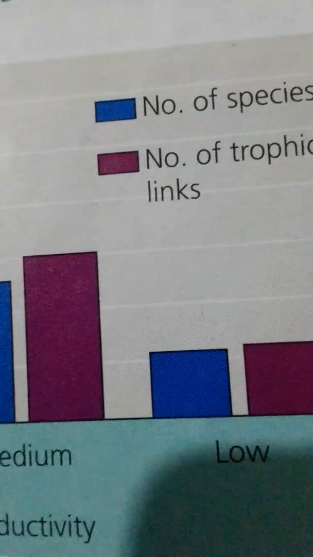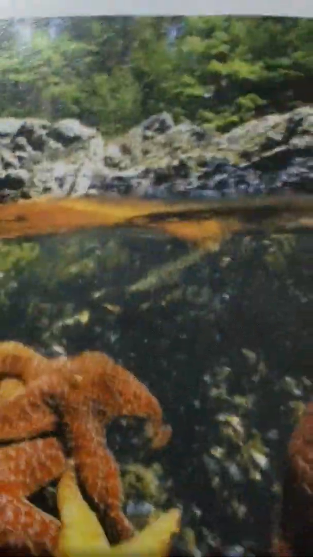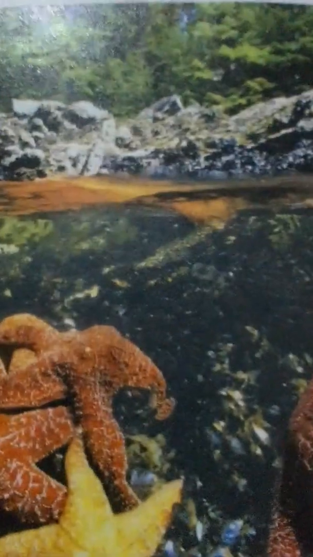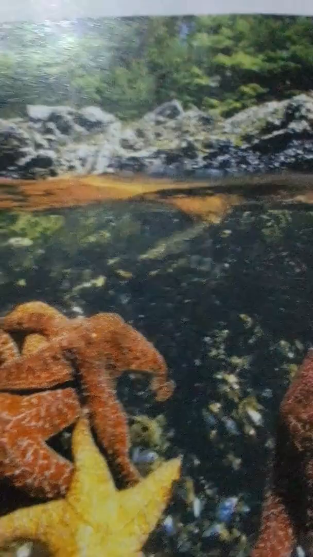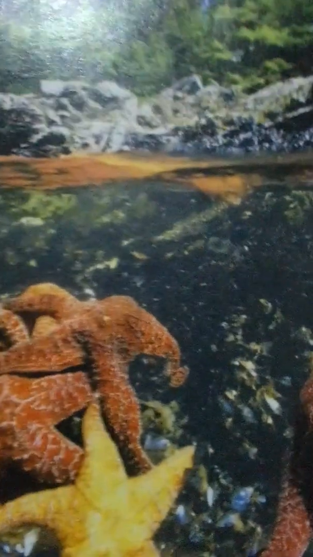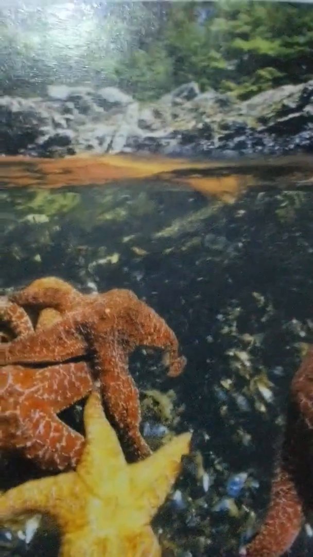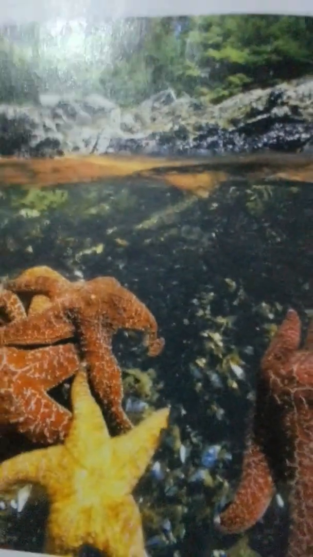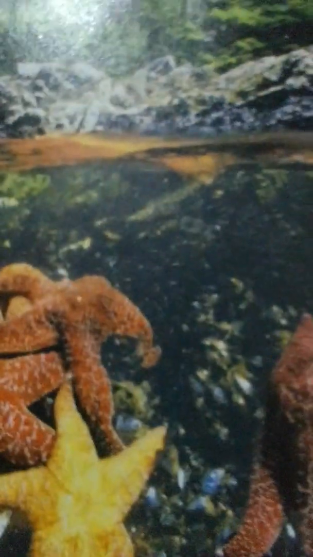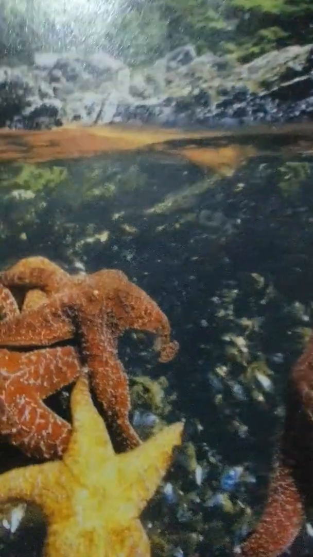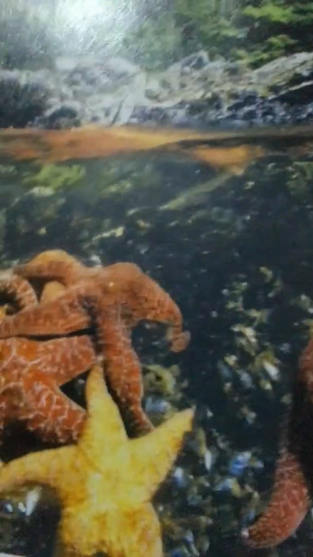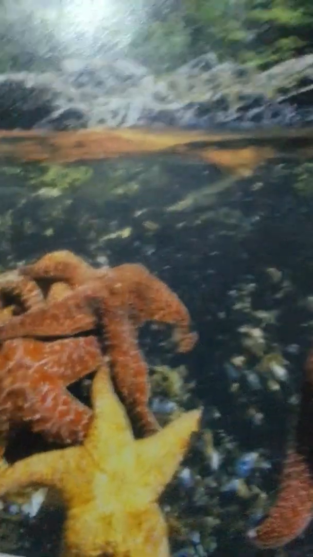This figure shows the results of a set of experiments in which researchers manipulated productivity, the leaf litter falling into the tree holes, as predicted by the energetic hypothesis. Holes with the most leaf litter, and hence the greatest total food supply at the producer level, supported the longest food chains.